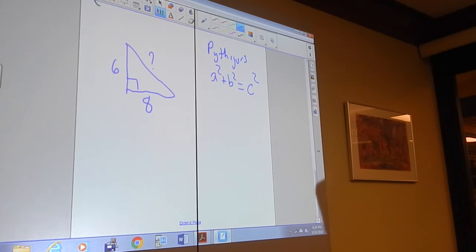I'm going to title this one A, this one B, and I'm still going to use this one as C. Again, C has to be across from the little baby box. A squared, 6 squared, plus B squared, 8 squared, equals C squared.